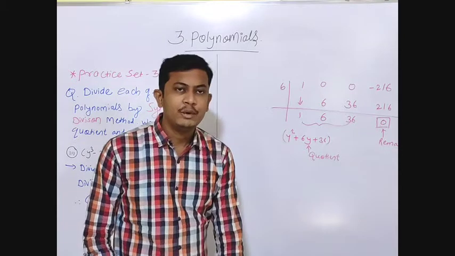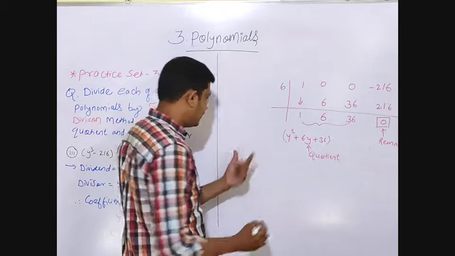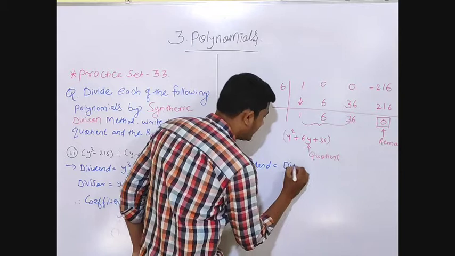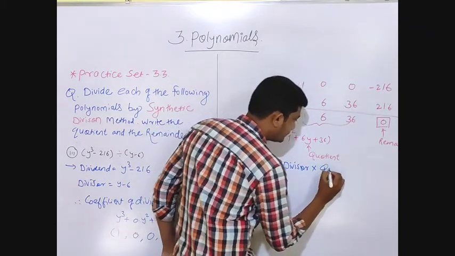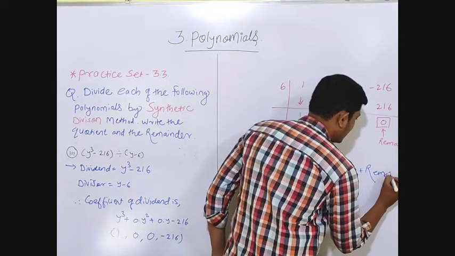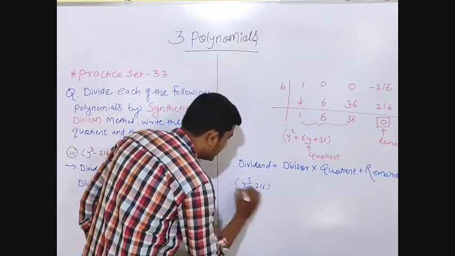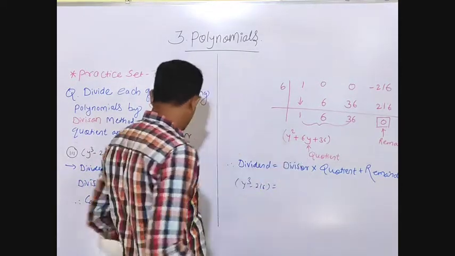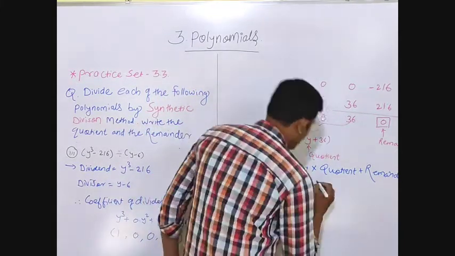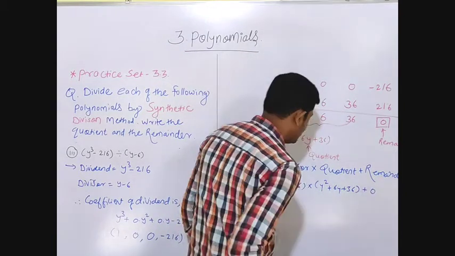So we verify the given quotient and remainder by putting the values in the form dividend equal to divisor into quotient plus remainder. So we get y raised to 3 minus 216 is equal to the divisor y minus 6 into the quotient y square plus 6y plus 36, and the remainder is simply 0.